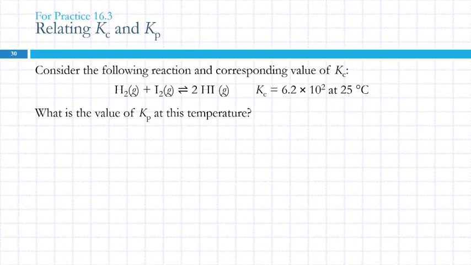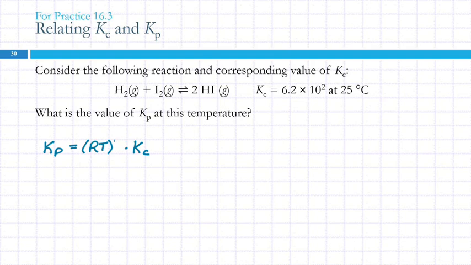Consider the following reaction. What's the value of Kp at this temperature? So Kp equals RT to the delta N times Kc, or, switched around. So we need to find out the difference in moles of gases. How many moles of gas products? 2. And how many moles of gas reactants? 2.